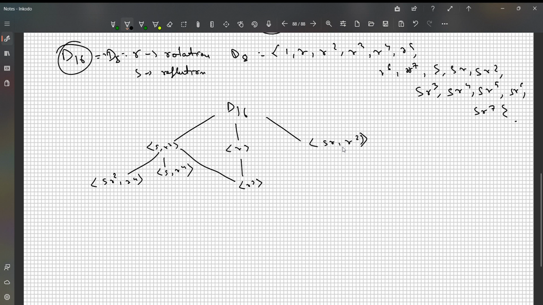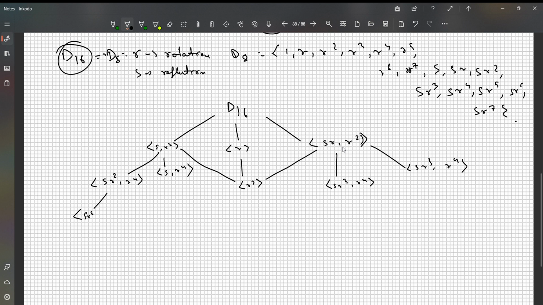From r you have the immediate subgroup r squared, which is also a subgroup of this, and it will also be a subgroup of this because r squared is there, right? The immediate subgroups of this being sr cubed, r to the power 4, and of this being sr to the power 5, r to the power 4.